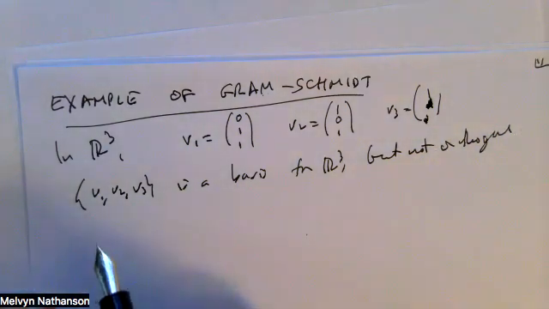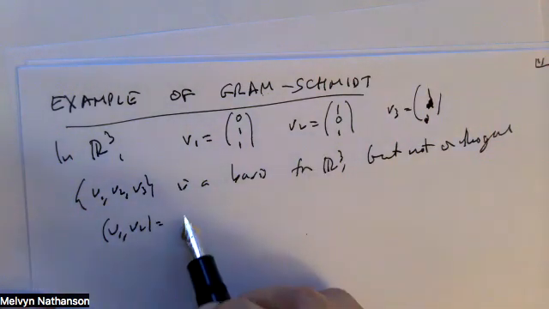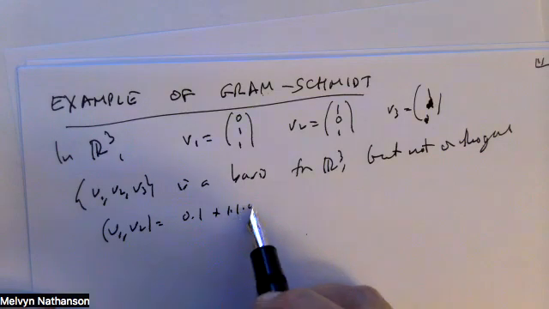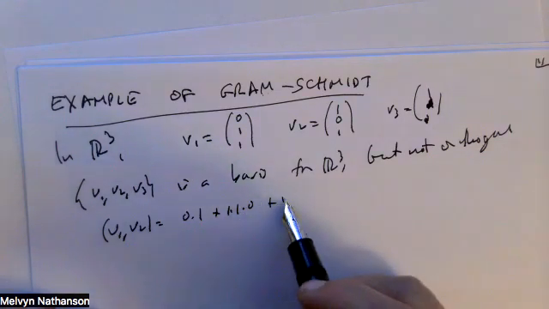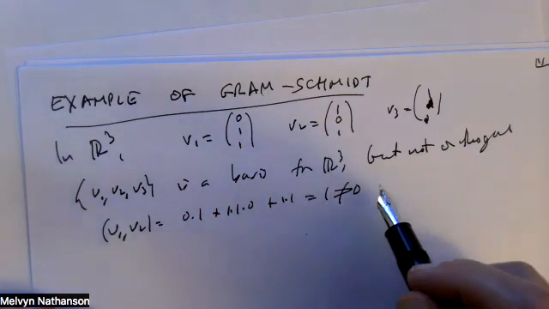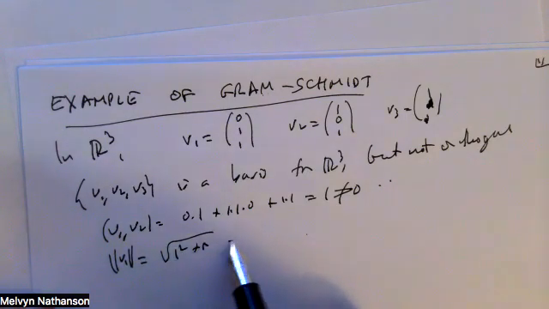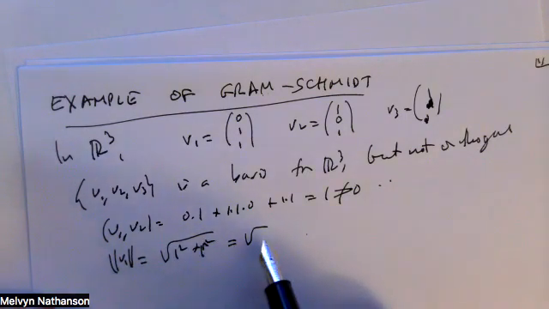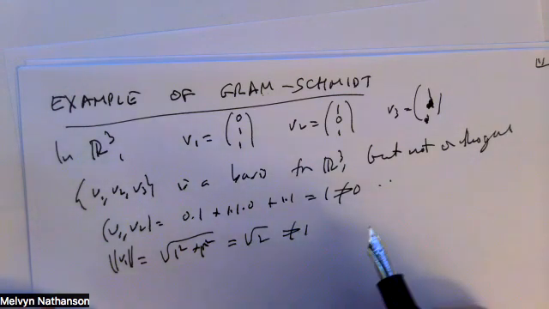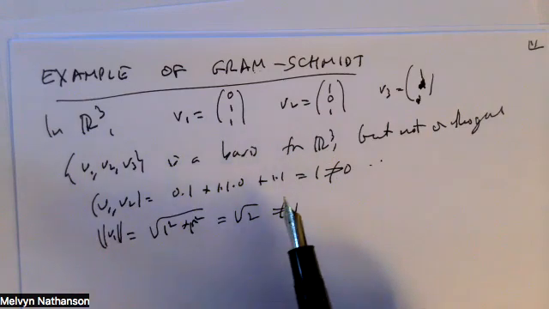For example, if you take the inner product of V1 and V2, that's 0 times 1 plus 1 times 0 plus 1 times 1. That's equal to 1. It's not 0. Also, the length of V1 is the square root of 1 squared plus 1 squared. That's the square root of 2, which is not 1. So these vectors do not have length 1, and they're not mutually perpendicular.